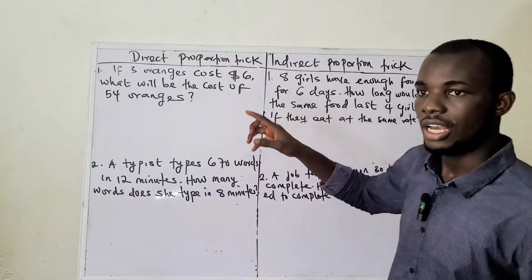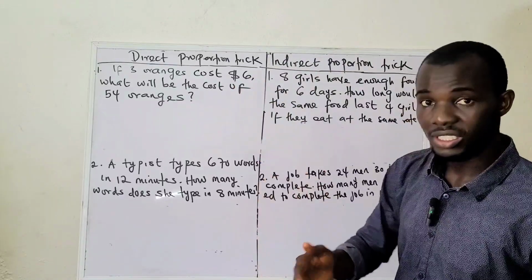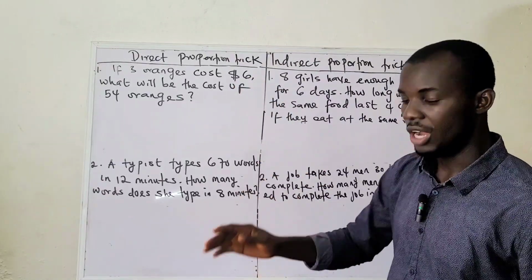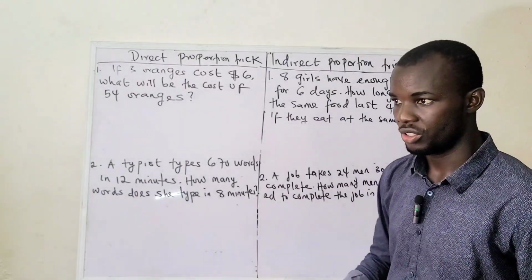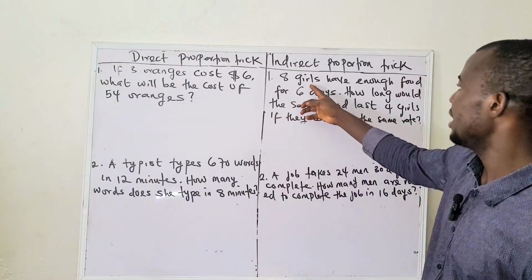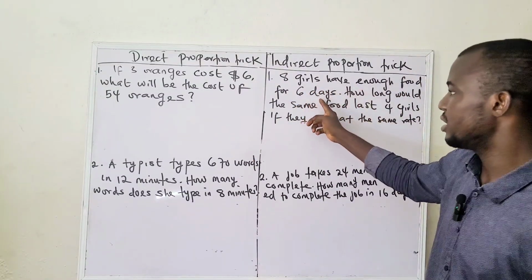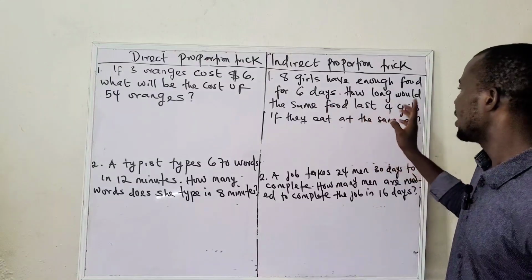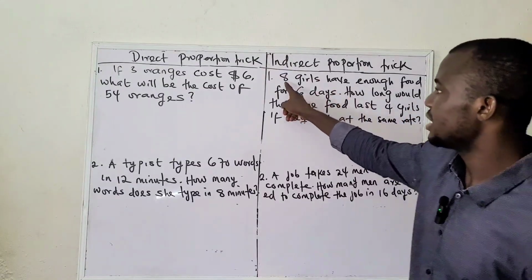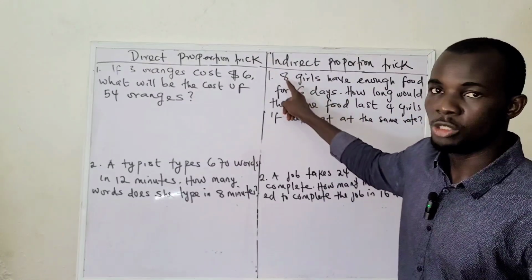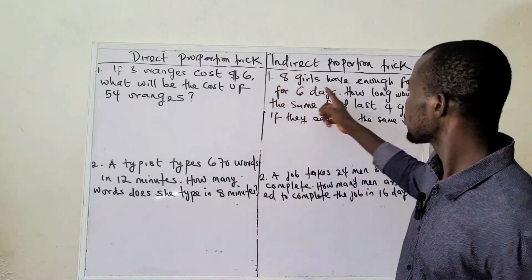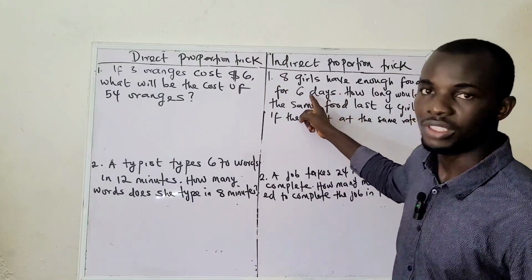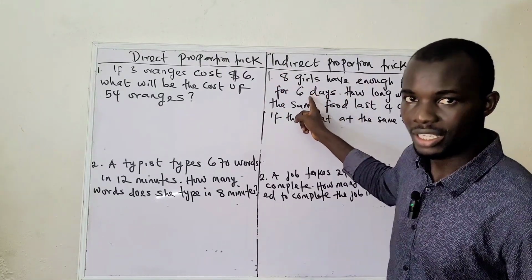But here is indirect proportion. In this case, as one quantity increases, the other quantity is going to reduce. As you can see here, 8 girls have enough food for 6 days. How long would the same food last for 4 girls? Because the number of girls is more here, they finish the food in just 6 days.